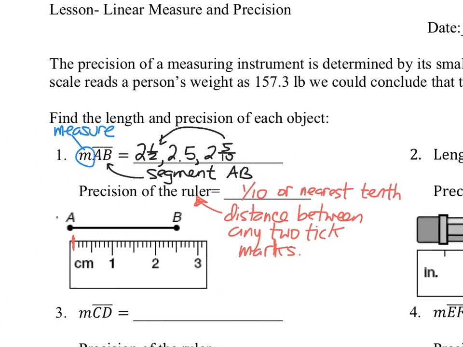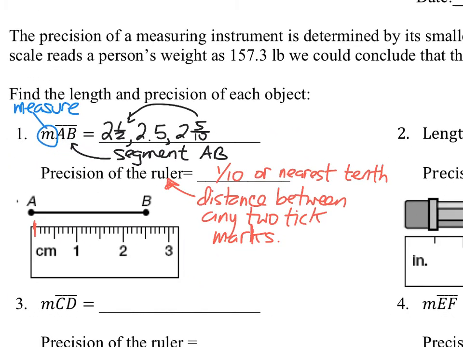You could go by half units, half tick marks, but that becomes a little more challenging because sometimes, if you went by where the edge of that circle is, maybe you'd say it's 2 6/10, but I was looking at the middle of the circle down.